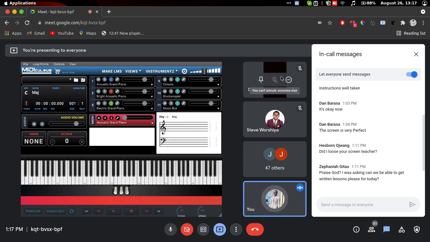In other words, it is the distance between one key to the next adjacent key. In a layman's language, movement from one key to the other without skipping any key in the middle. That is now what we call a semitone or a half step.